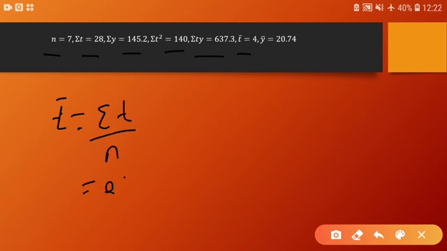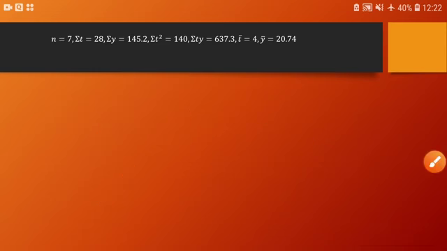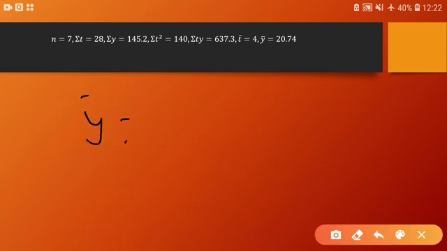Sigma t is 28 upon 7. So t bar is 4. Then y bar is sigma y upon n. Wait, y bar is sigma y upon n.